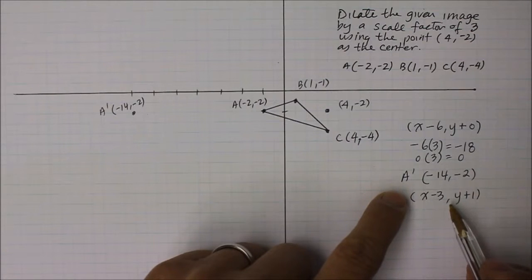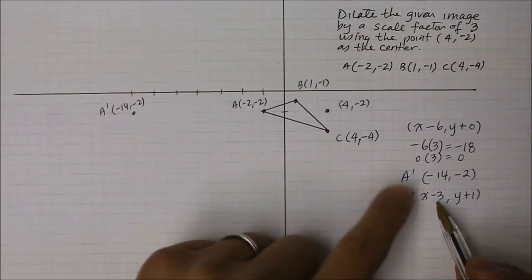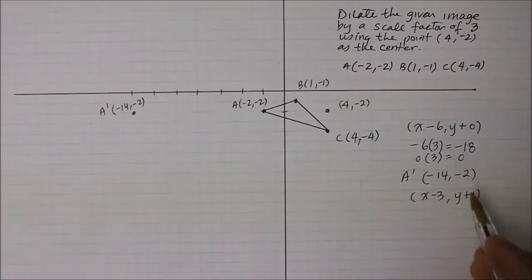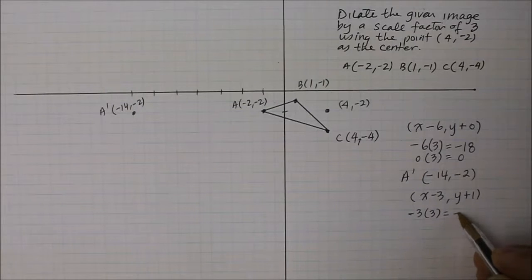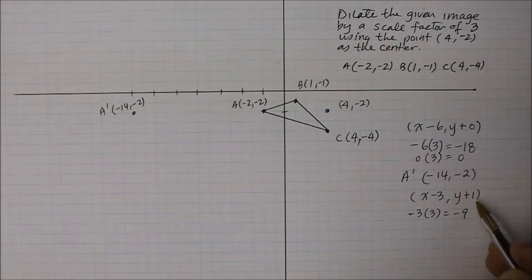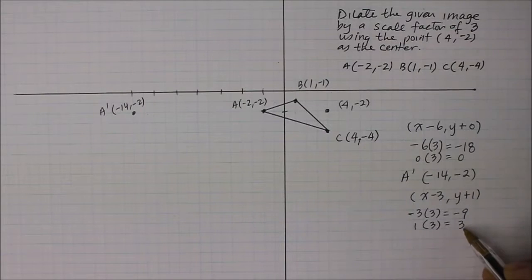However, we're going to take the number of translation for each unit and multiply by the factor of 3. So that's negative 3 times 3, which will be 9 total horizontal shift to the left. And then 1 times 3 is going to be 3 units up.